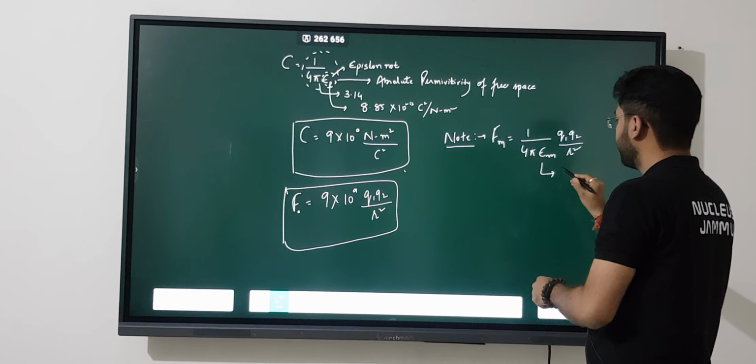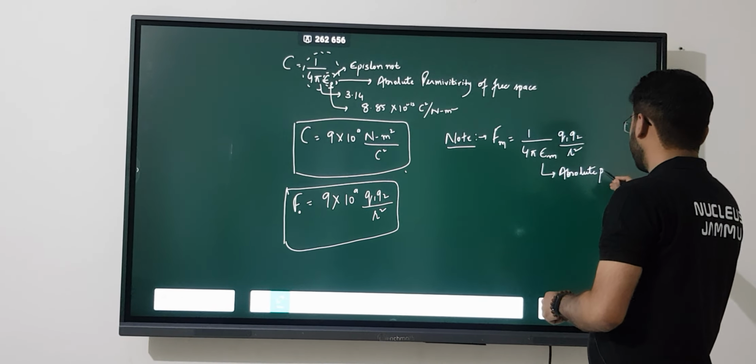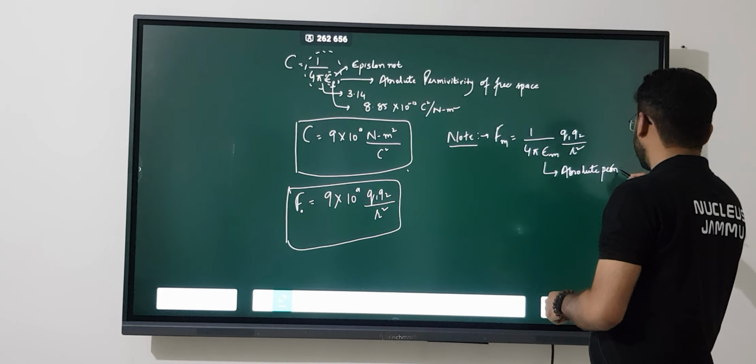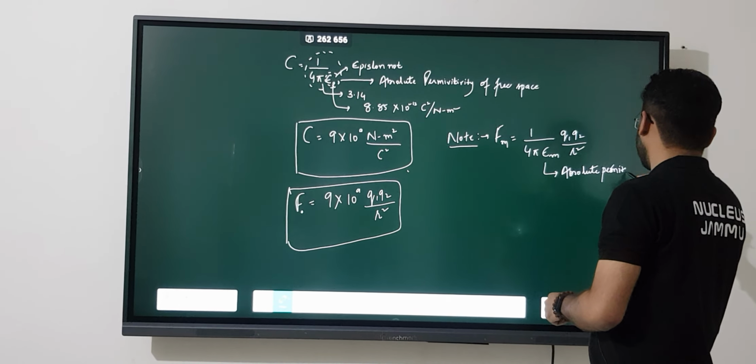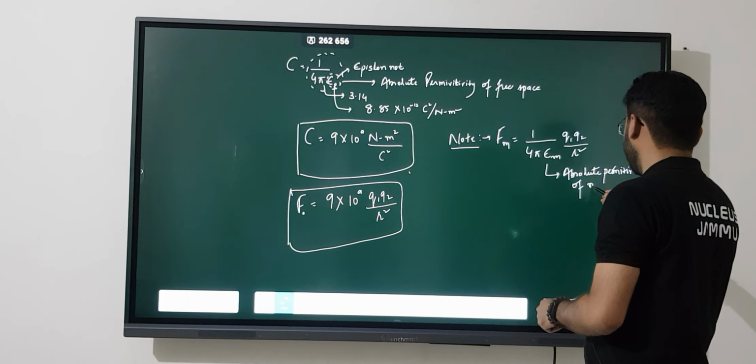Now this epsilon becomes the absolute permittivity of the medium.